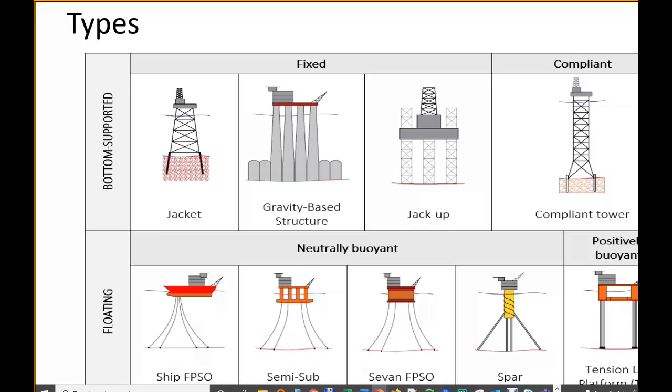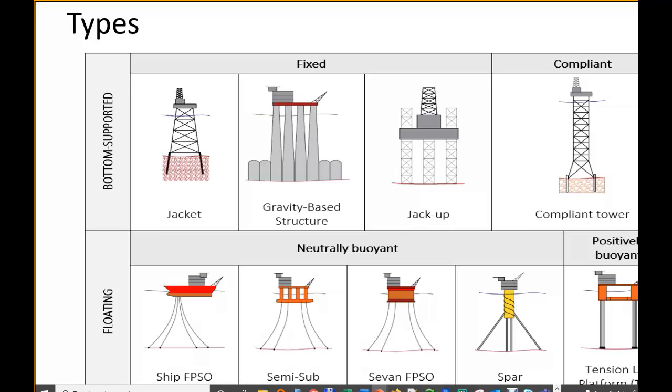Compliant tower is similar to a jacket, but for very big water depth. If you want to make a jacket there, the base will be very thick, very spread, so it will be very costly. So for big water depth, they use this concept, where they keep more or less the same section. That of course causes some movement on this compliant tower, especially at the top, to the right and to the left.